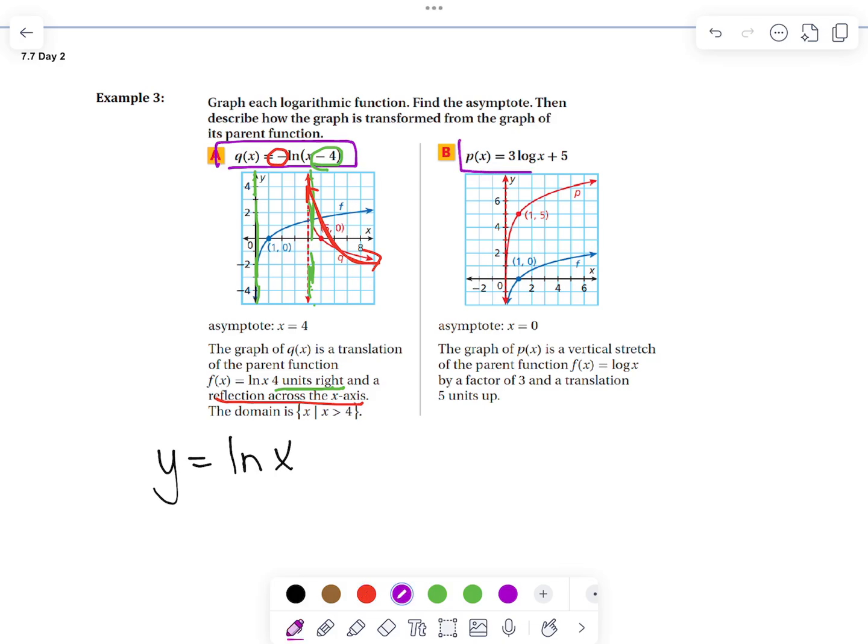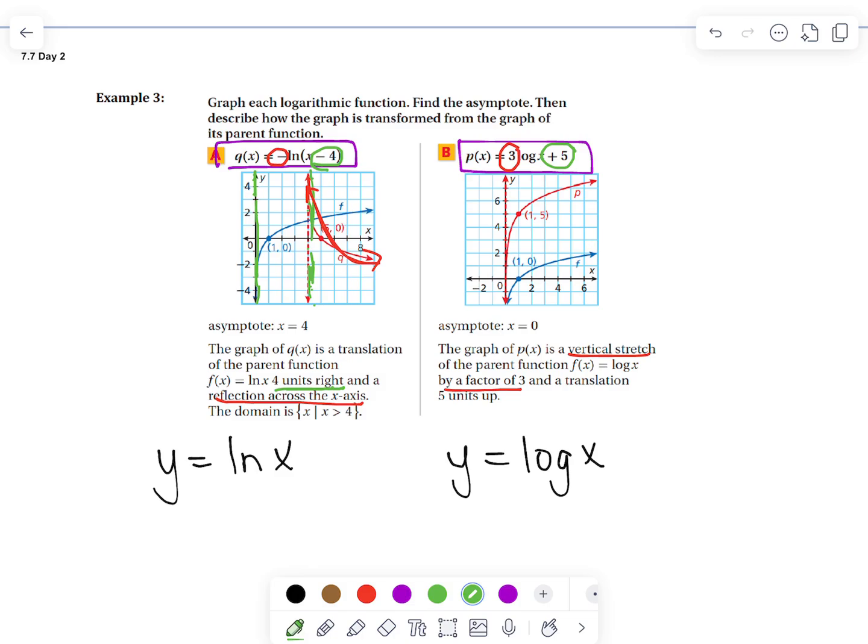here is our child, and the parent is a base 10 logarithm. The first transformation is a multiplier in front of the function. So what that does, it has a vertical stretch by a factor of 3. The second transformation is a +5 at the end of the function, outside the function.